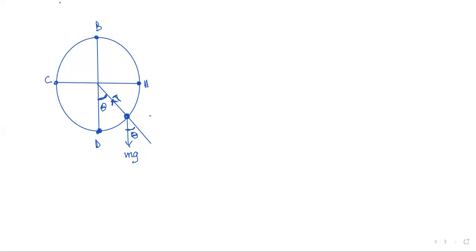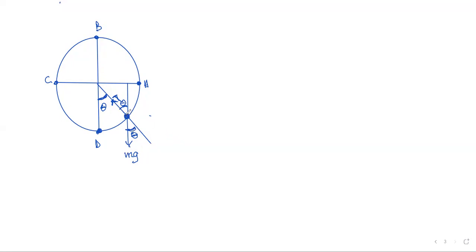If you don't see it from that angle, another way out is this. If we extend the weight vector up, we will realize that this angle would alternate with this angle. So if this is theta, this will also be theta, and by vertically opposite angles, this will also be theta.